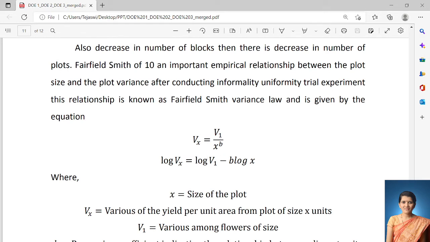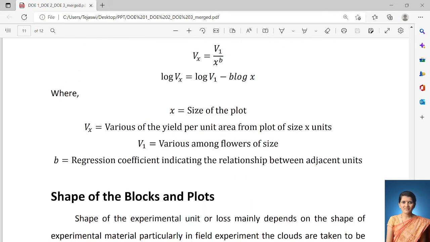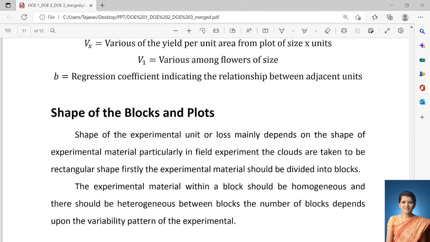Taking the log on both sides, we get log Vx equals log V1 minus b log x, where x is the size of the plot and Vx is the variance of the yield per unit area from a plot of size x units. V1 is the variance among the plots of size one unit, and b is the regression coefficient indicating the relationship between adjacent units.